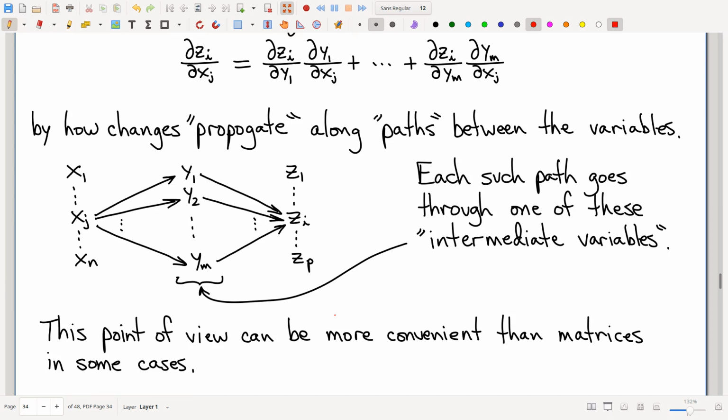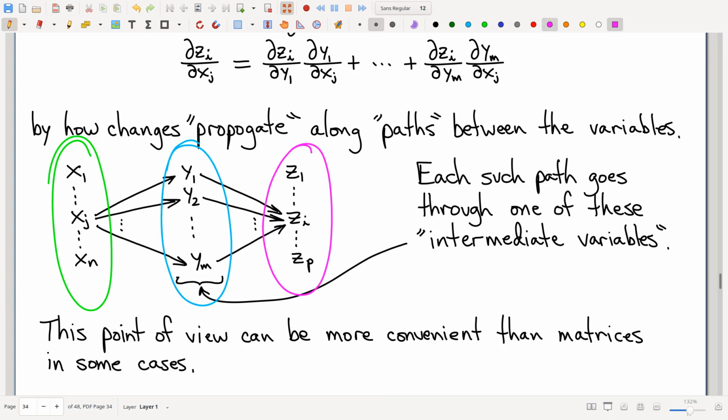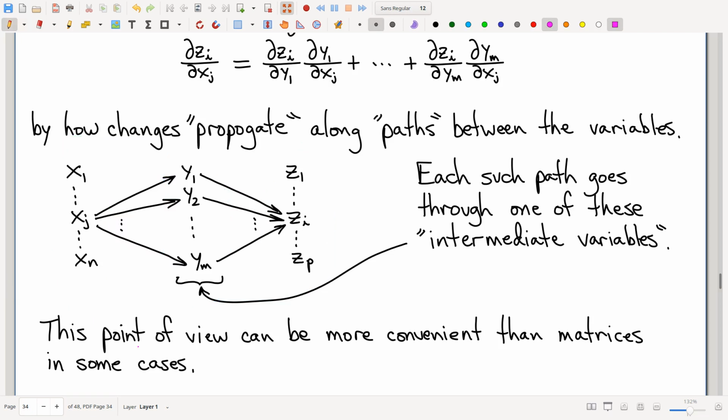So here's a picture of the different variables. We have the original x variables, then the intermediate y variables, and then the eventual output z variables. Every one of the variables to the right is a function of the variables to the left.